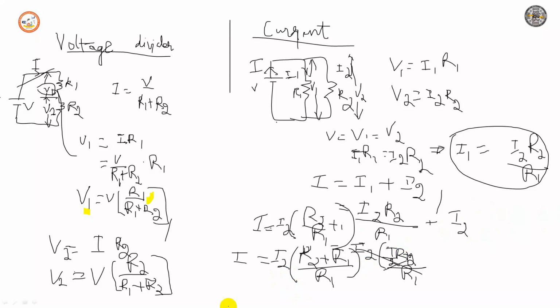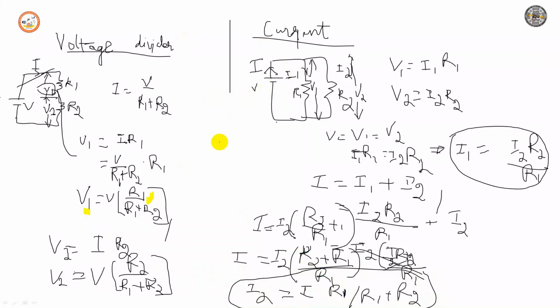Now finally, if I want I2, I transfer this entire term to the left hand side, so I2 will be equal to I into R1 divided by R1 plus R2. In this formula, you can notice that for the suffix I2, the numerator has the opposite, that is the other resistance.